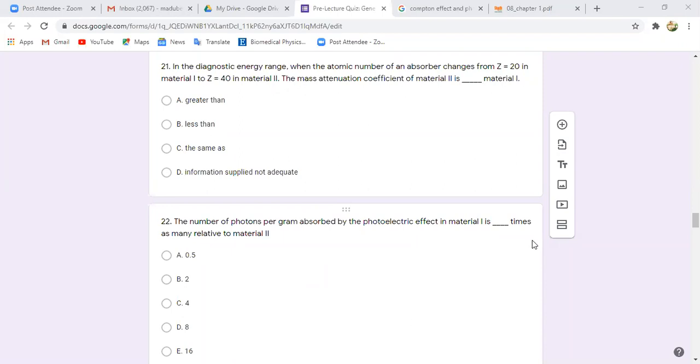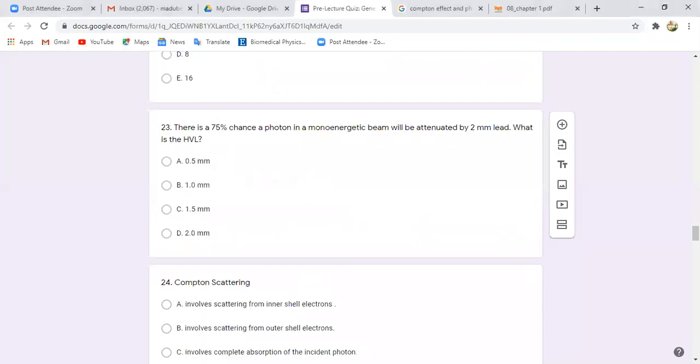Okay, I think we are within time. Question 23. There is a 75% chance a photon in a monoenergetic beam will be attenuated by 2 millimeters of lead. What's the HVL? Becoming interesting. Any ideas on how to solve this? You need to claim what you want to get, then look at this question.